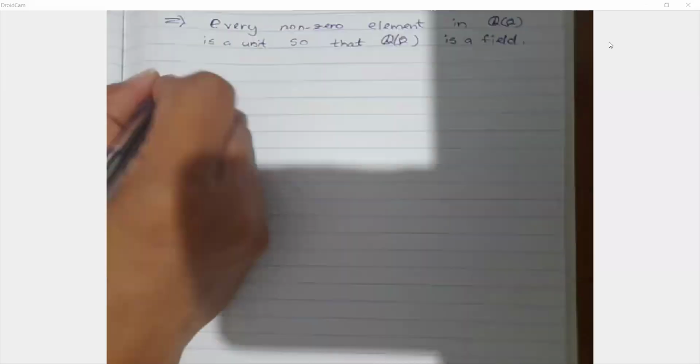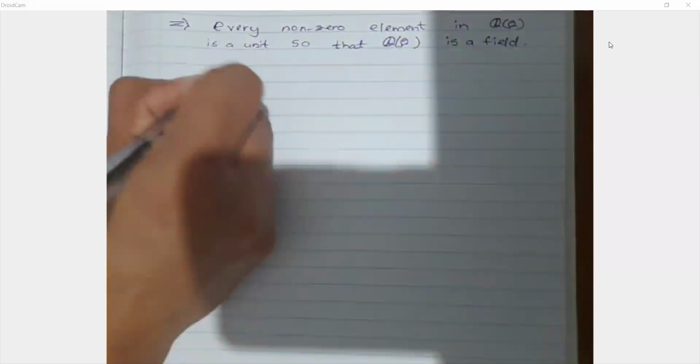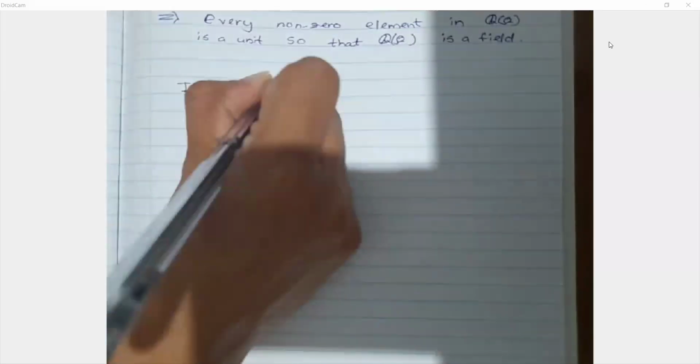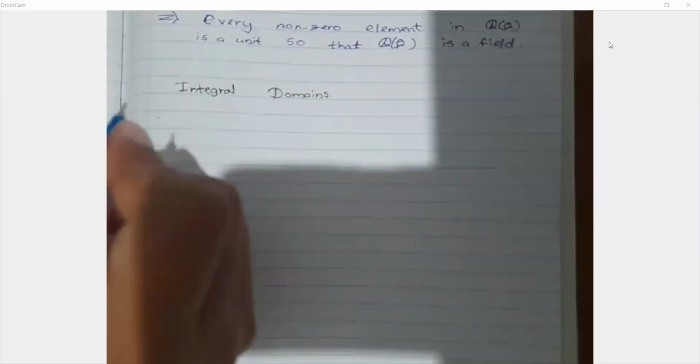Next topic is integral domains. Okay, I'll start off with the definition. Now, this is something that we have actually considered when solving or when finding roots of polynomials, right?